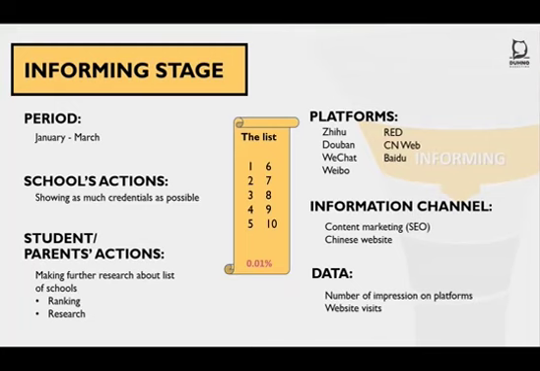Then we have the informing stage. At this level, the students and the parents will be creating a list. And it is pretty important to have this list. We have a list of about 10 schools, and the percentage here should be adjusted to about 10%.